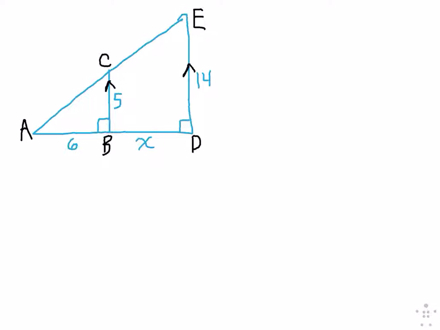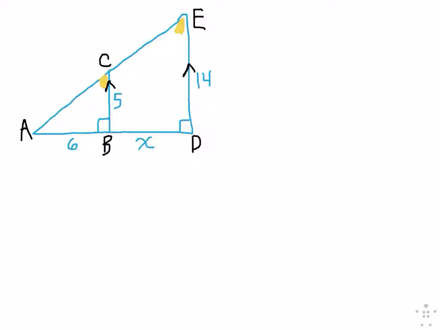So if they're parallel, that means that this angle right here is congruent to this angle because they are corresponding angles. And then of course the two triangles have the 90-degree angle in common. So those two angles are congruent inside both of the triangles.